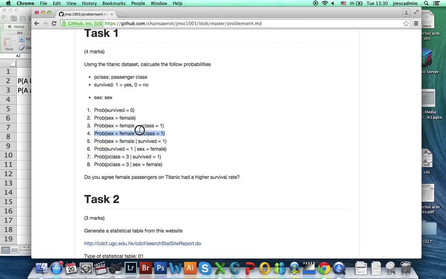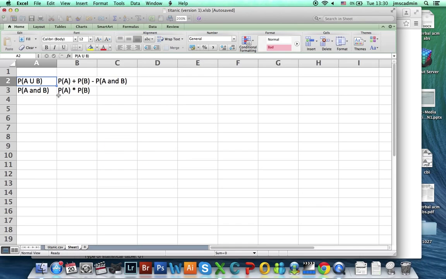Okay, the next part of the assignment is to calculate the union and the intersect of two events. When you refer to the lecture notes, the union of two events is defined as this equation, and this one is the intersect.